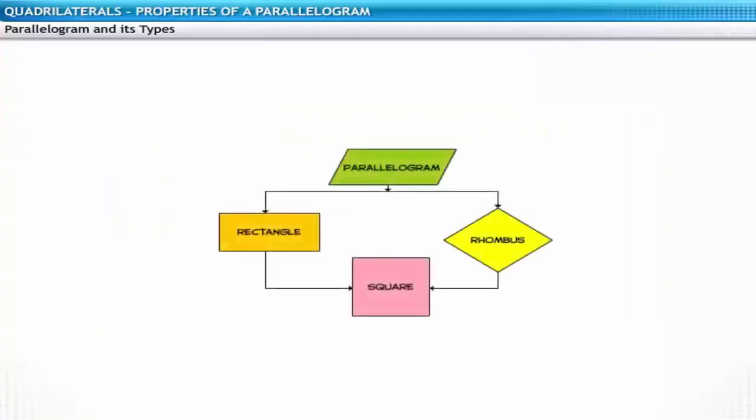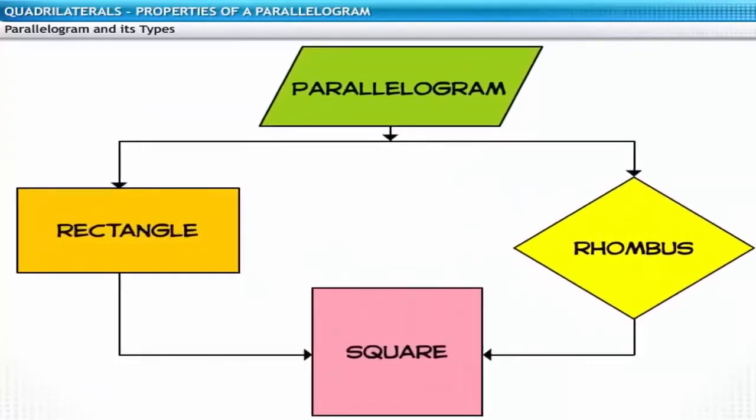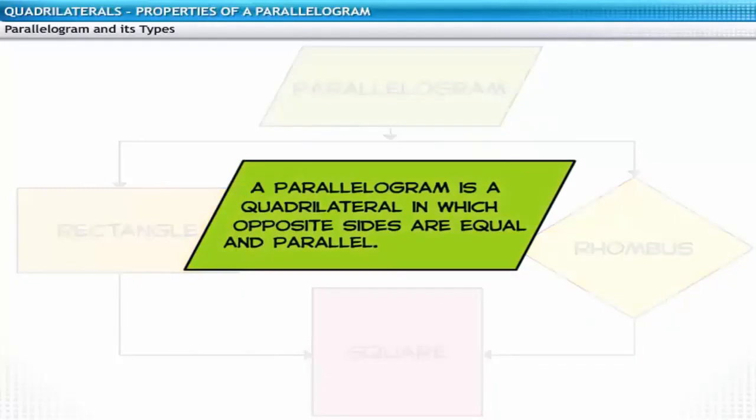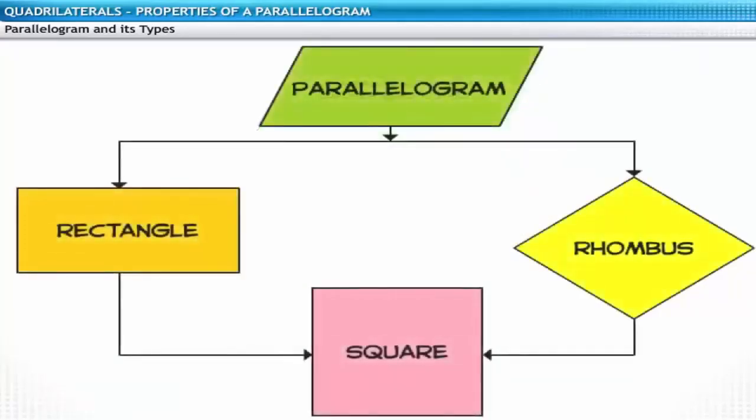Let's first quickly recapitulate about parallelograms and their types. A parallelogram is a quadrilateral in which opposite sides are equal and parallel. Rectangles, rhombuses, and squares are all different types of parallelograms.